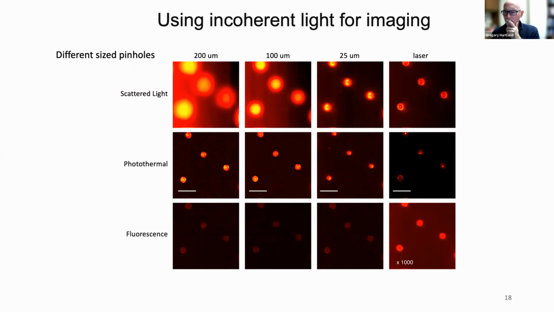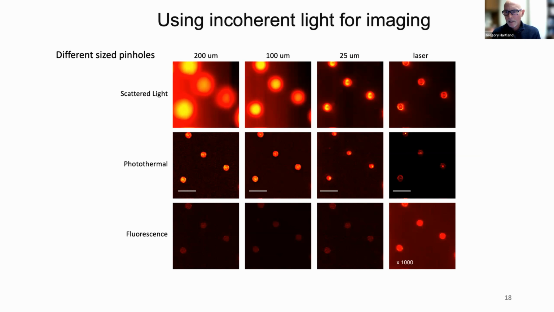So the spatial resolution here now, maybe I should have mentioned it, becomes just the pump again. We're using a visible pump, so in the photothermal images we're now just limited by the pump laser.